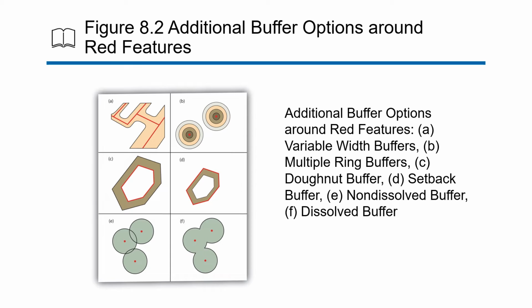If you want individual buffers around each feature, then you don't dissolve the buffers. And so it treats each one as its own little entity. But if you dissolve the buffers, if, for example, like you see these three circle buffers around these points overlap, where they overlap, it just essentially does a union and keeps everything that's common to all of them. And you end up with F.